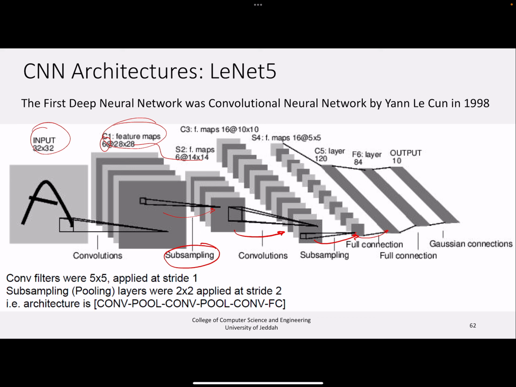And after flattening, use fully connected layers in between until you get to the output layer that has, in this case, 10 possible outputs. And as you can also see, typically the number of neurons keeps going down as you move towards the output.